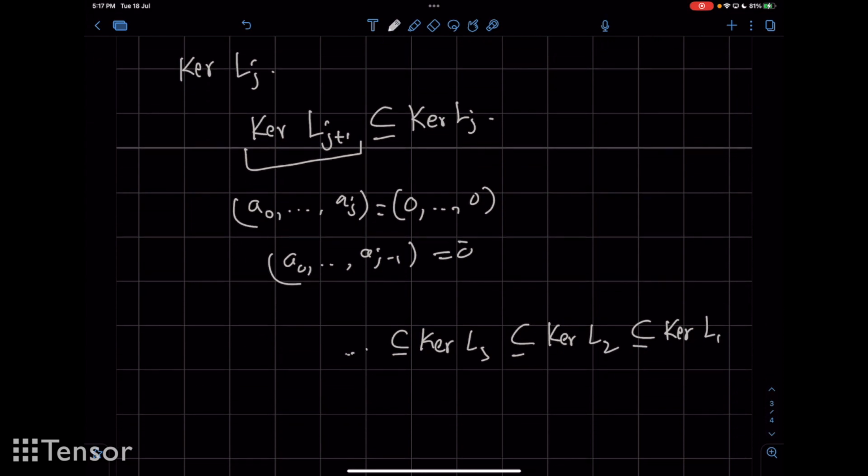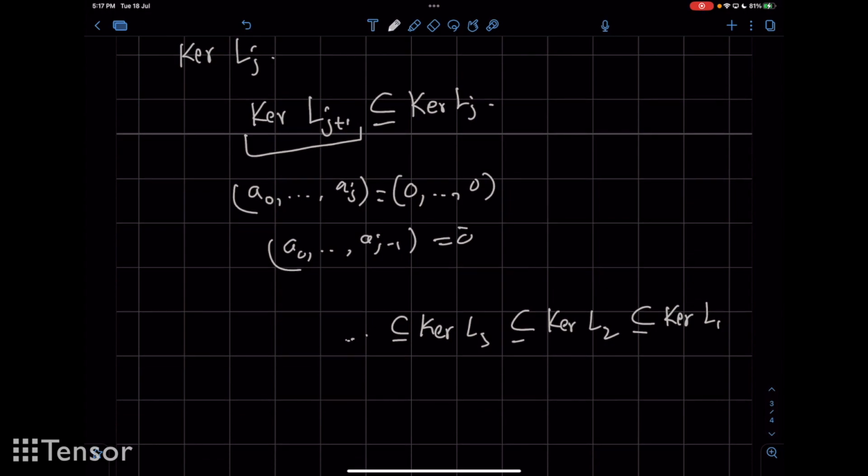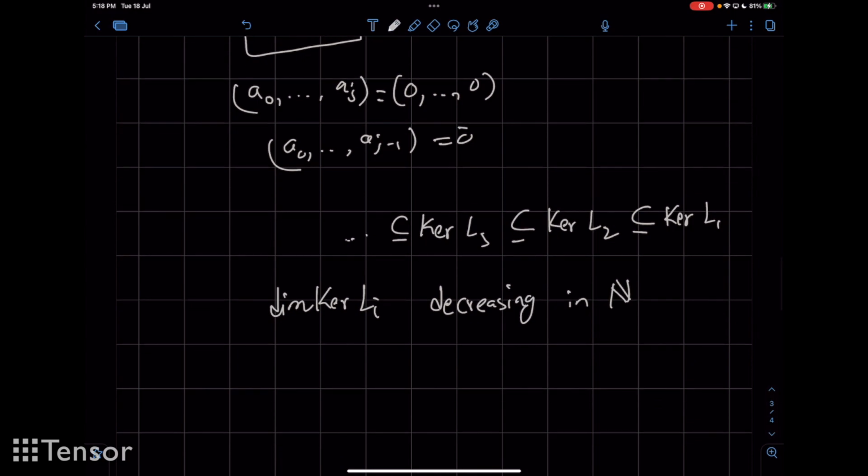And therefore, if we take the sequence of natural numbers given by the dimension of the kernel of L_i, this sequence is decreasing, and of course it lies in the set of natural numbers. So this sequence must stabilize at some point. Let the stabilizing point be R, and you guessed it, that R is the r we need to show.